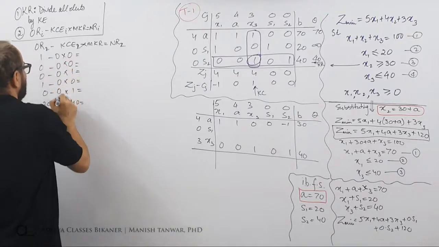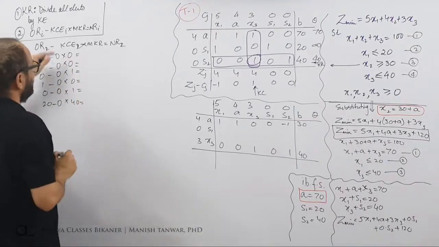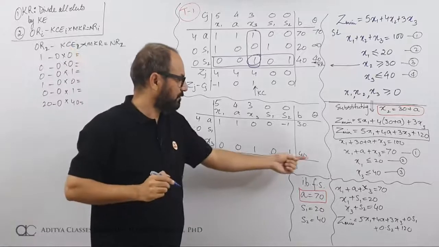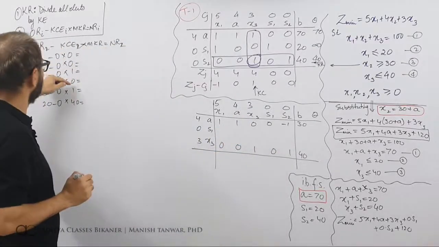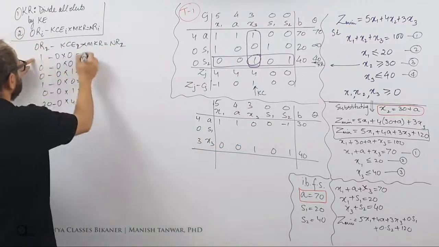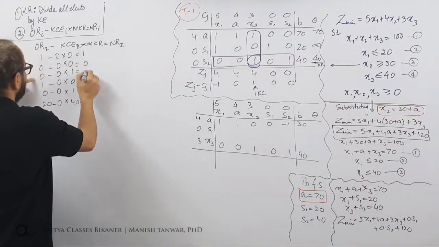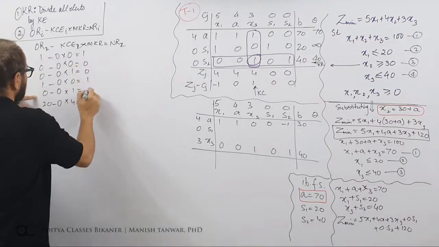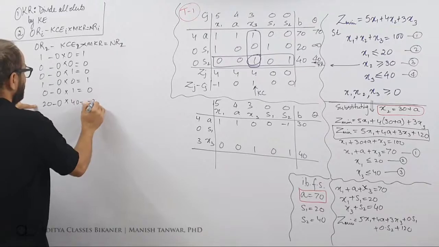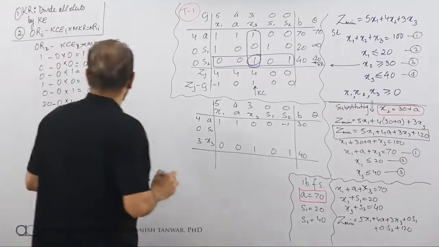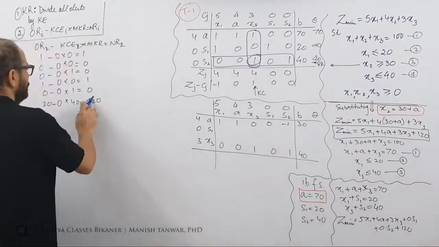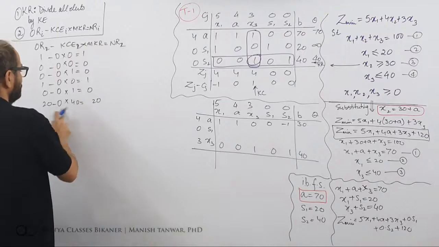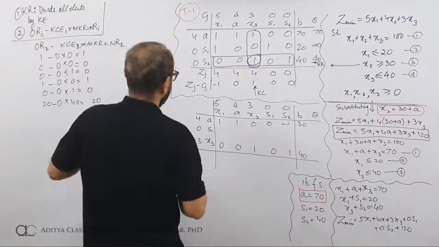We have zeros over here. And then the modified key row is 0 0 1 0 1 40. 1 minus 0 would give me a 1, 0 0 1 0, 20 minus 0 would give me 20. So what do I get?